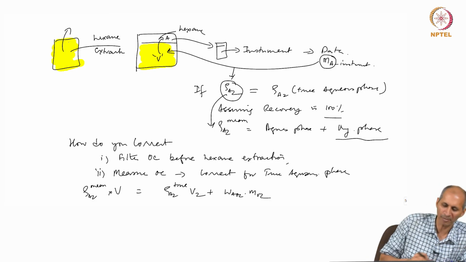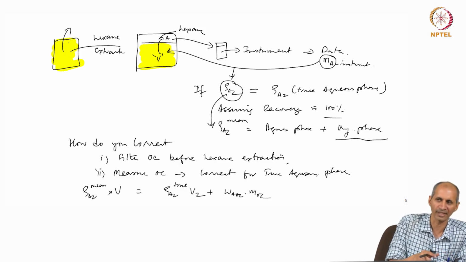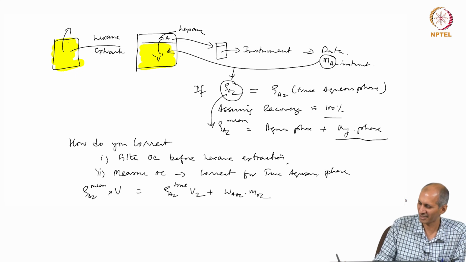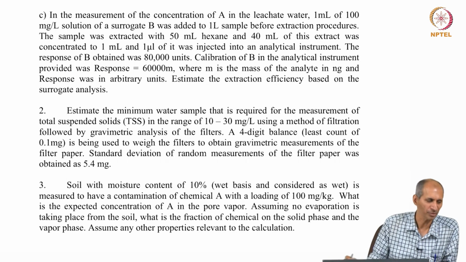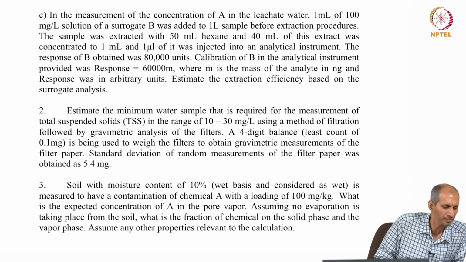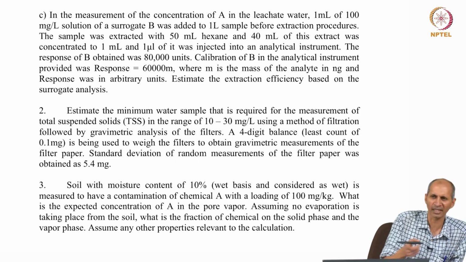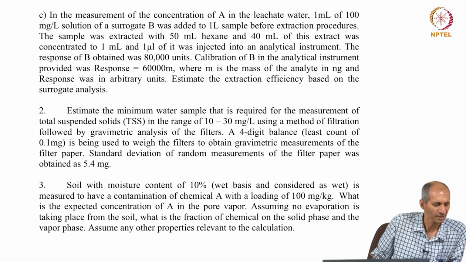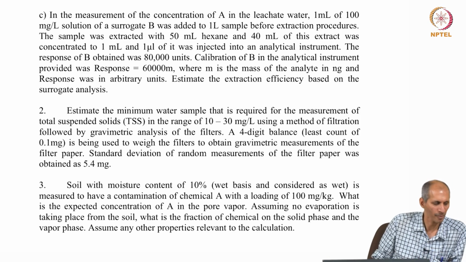The third part C is something that we did last Thursday and Friday in the surrogate analysis. So we do not have time for it, we will work on that problem tomorrow. And question number 2, I think we did it last class, the illustration of a minimum detection limit and all that.